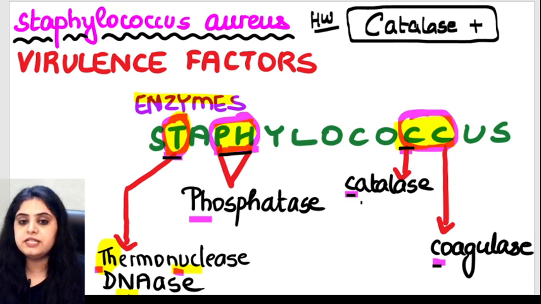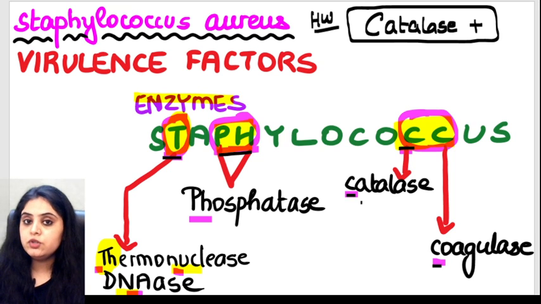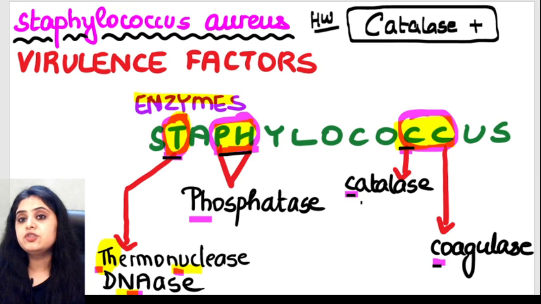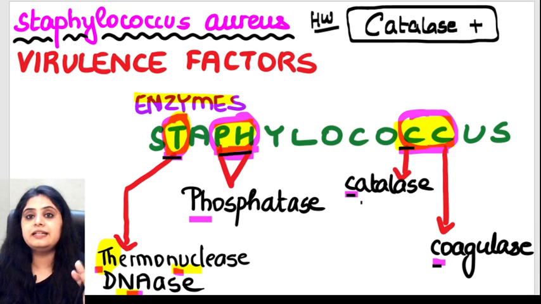Nuclease will remind me of DNA, so DNase. So thermonuclease, DNase. Then PH reminds me of phosphatase. And then we have C and C, which reminds me of catalase as well as coagulase. So yes, these are the things that I have to know: catalase, coagulase, phosphatase, thermonuclease, DNase.